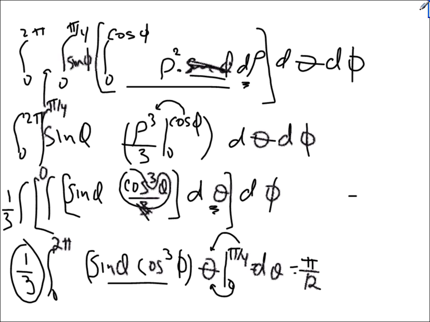Times the last integral from 0 to 2 pi of sine phi cosine cubed phi d phi. I just felt like writing cosine cubed phi first.